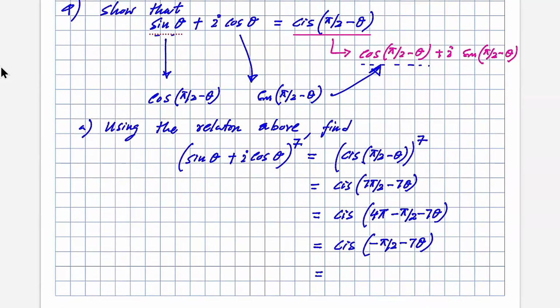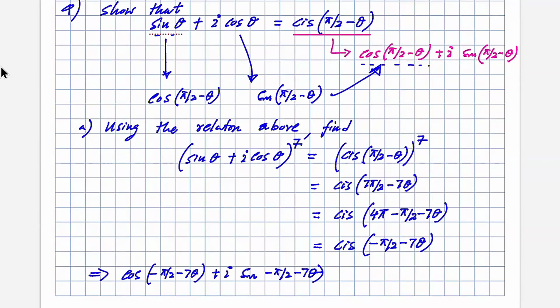So this can be what? Cos. So you can write this one as cosine minus pi divided by 2 minus 7 theta plus I sine minus pi divided by 2 minus 7 theta.